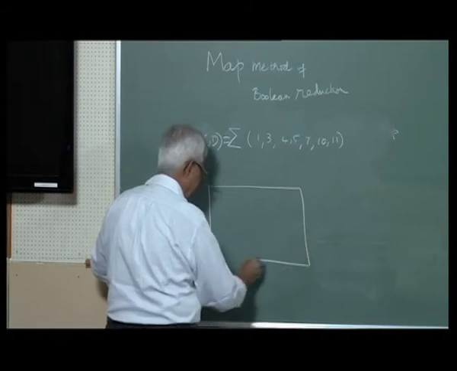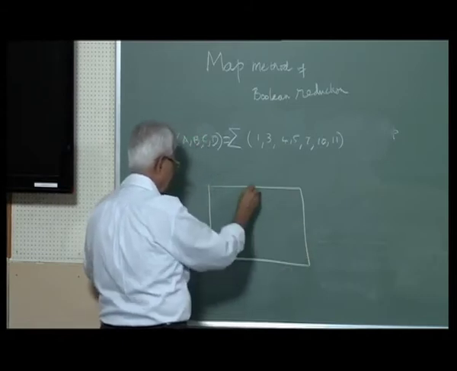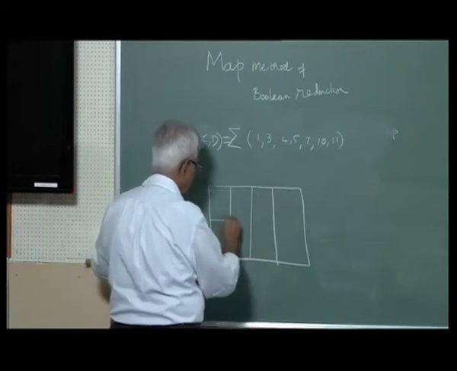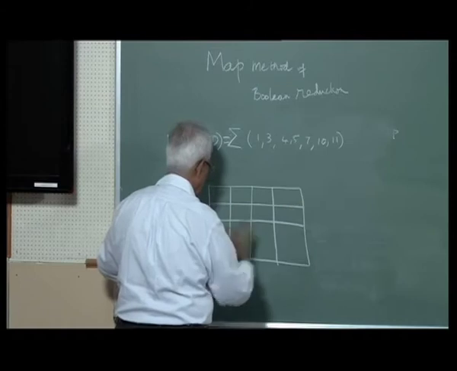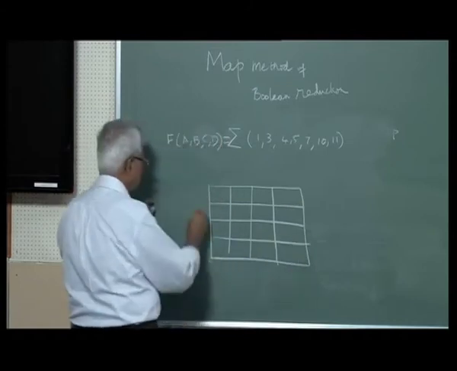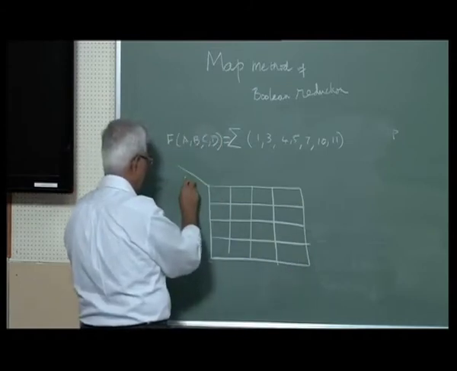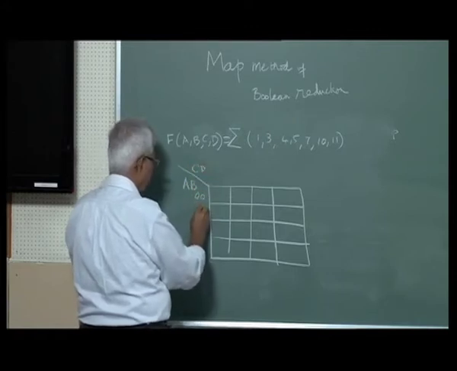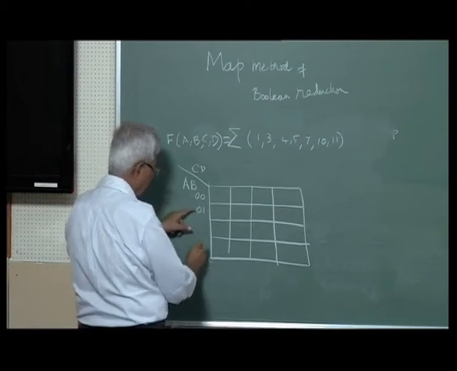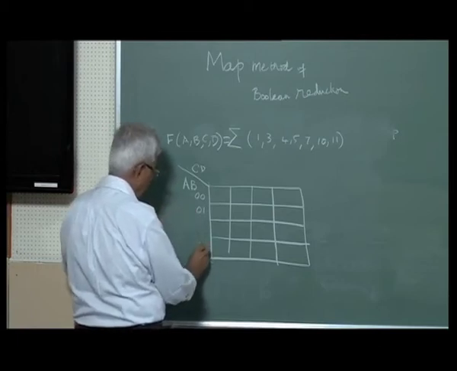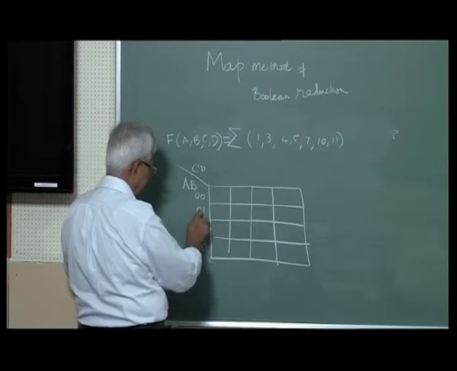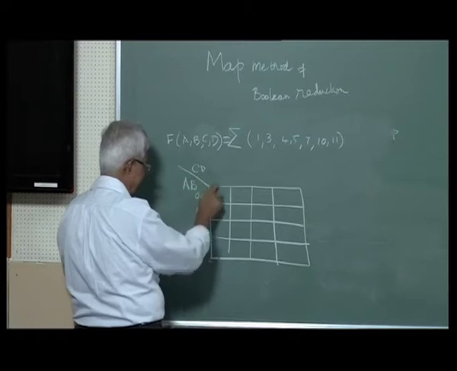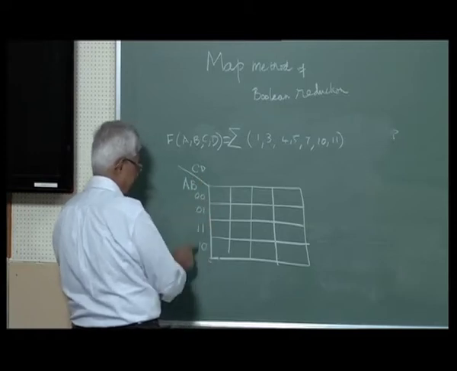16 cells must be there because there are 4 variables. AB here, CD here, 0 0, 0 1. Again with the same rule, 1 0, 1 1. This and this are adjacent, this and this are adjacent. Now this and this are adjacent. This is 0 0, 1 0, only one variable change.